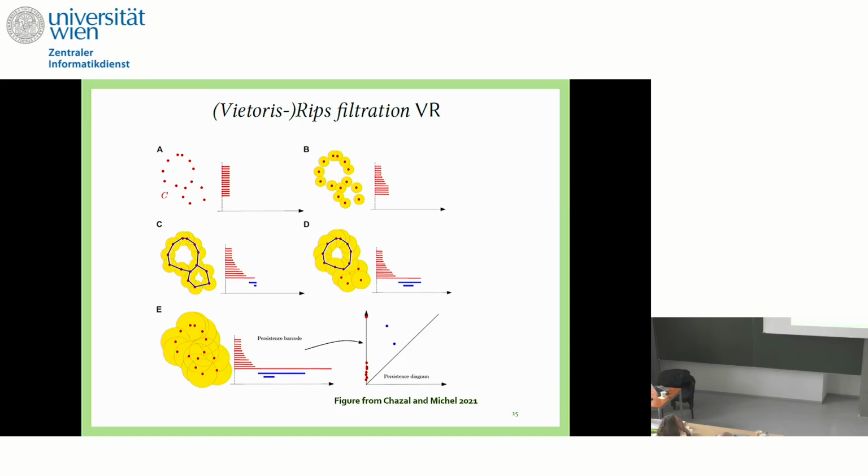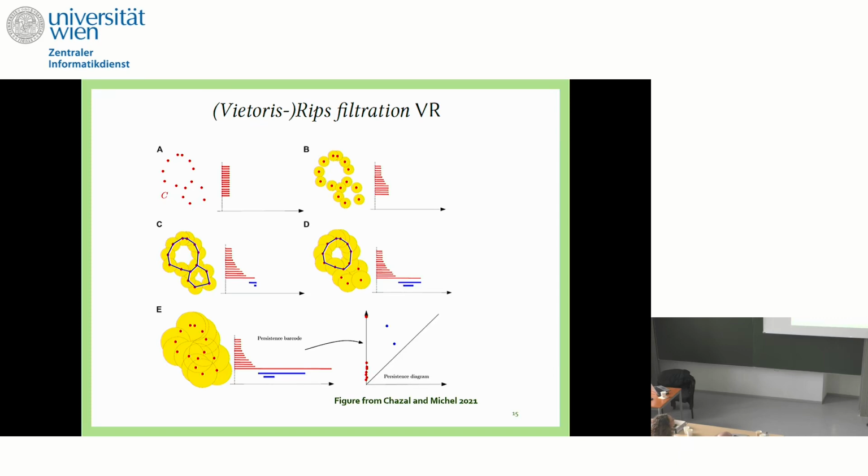Another way of representing this is through the persistence diagram. Rather than showing these barcodes, I will just show them with two coordinates. So on t, for example, if this is the time, that would be the epsilon value indeed.